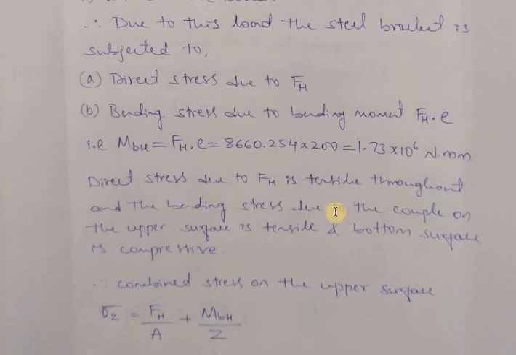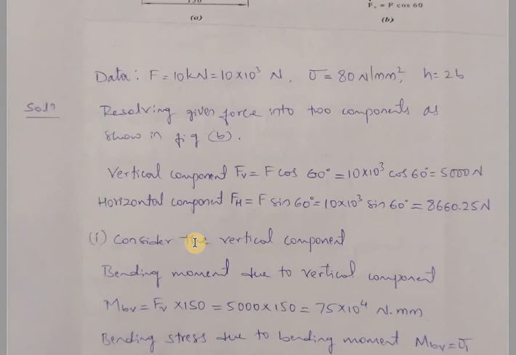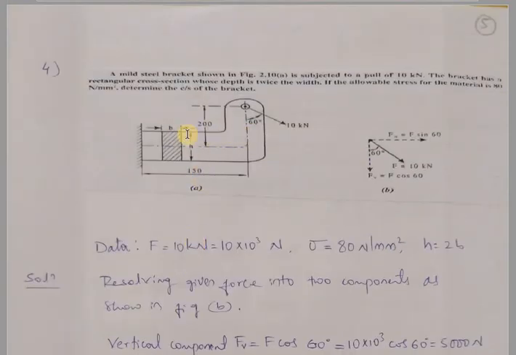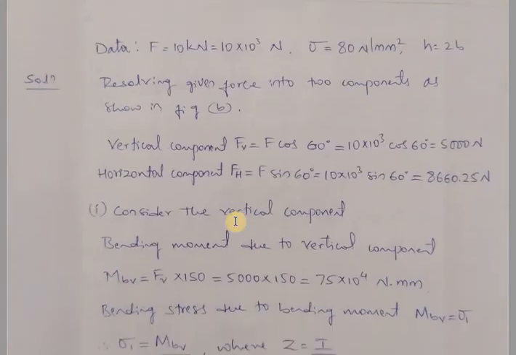The bending stress due to the couple on the upper surface is tensile and the bottom surface is compressive. Again, due to this eccentricity, the bracket tends to sag, so it bends in this sagging moment. The upper layer is subjected to tensile stress, the lower layer is subjected to compressive stress.